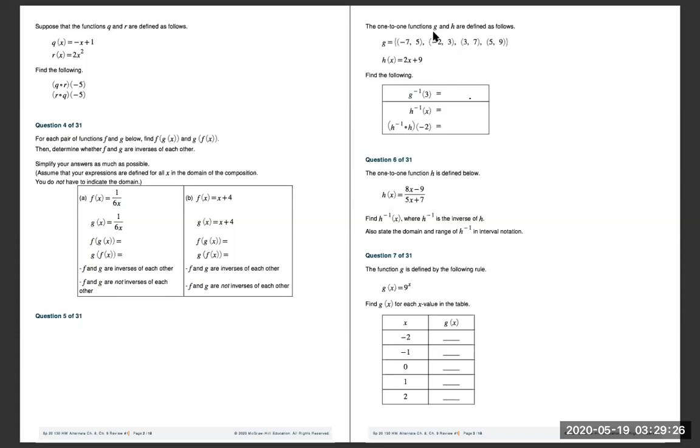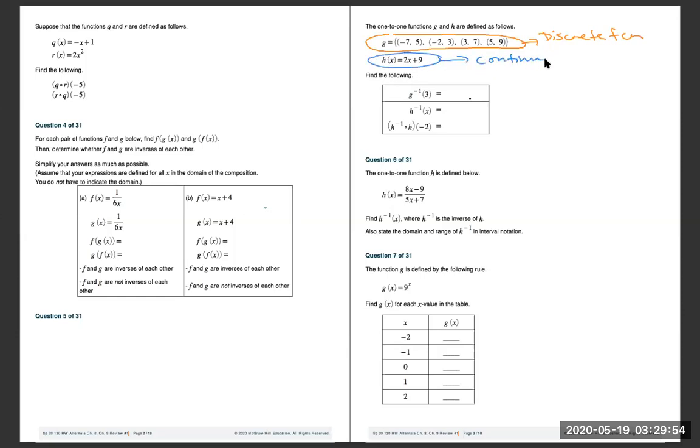The one-to-one functions G and H are defined as follows. You have G. Let's make this one orange. This is going to be a discrete function. And then H is a continuous function.